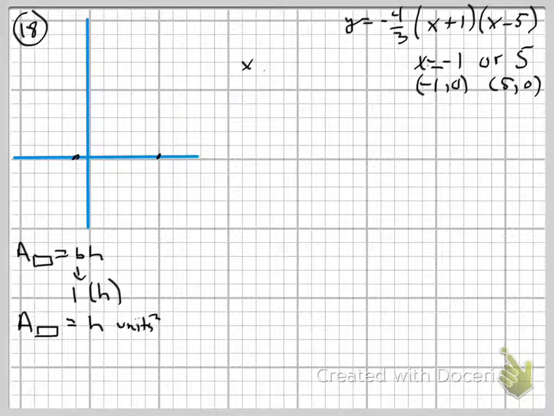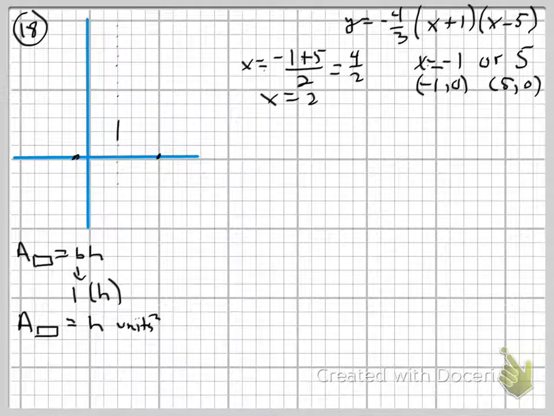The x of the vertex, which is also the axis of symmetry, is (-1 plus 5) divided by 2, which is 4 divided by 2, so x equals 2. Somewhere along x equals 2, I'll draw dots, is our axis of symmetry.